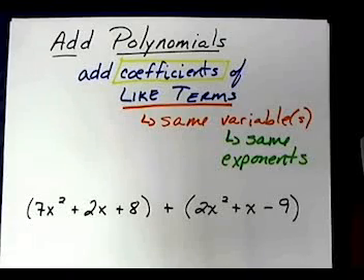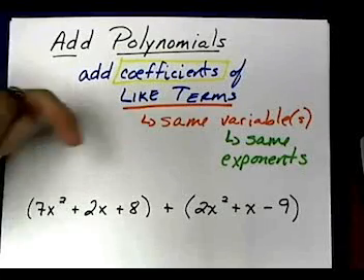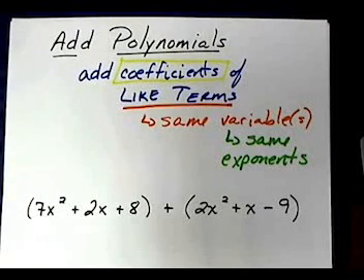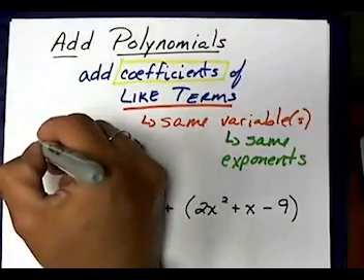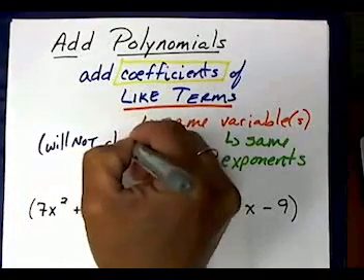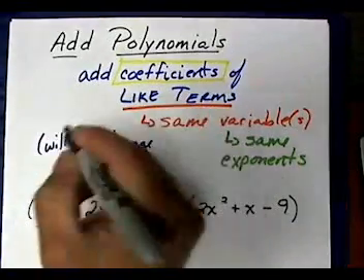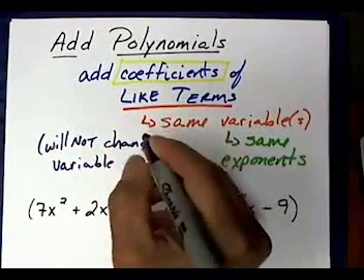If we're going to do all this work to make sure that we're only combining like terms, and like terms have to have the same variable and the same exponent, we will not change the variable or the exponent when adding like terms.